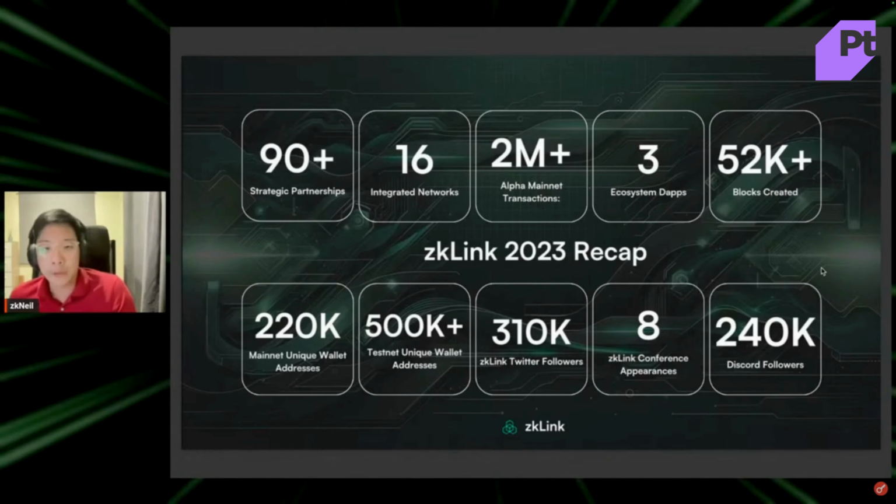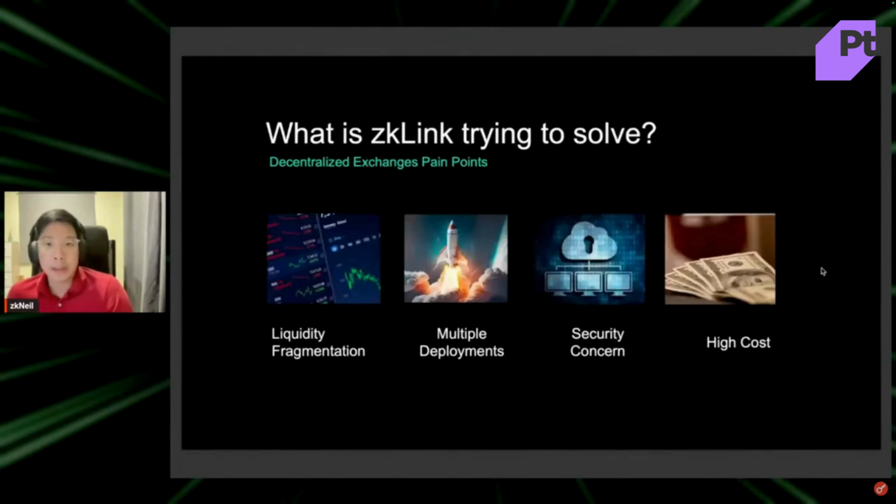So a little bit of the story of how we got here, guys. It mainly comes down to the problem we're trying to solve, which is a lot of pain points that we see happening in decentralized exchanges. The first and foremost problem here is liquidity fragmentation, where liquidity is siloed across blockchains.